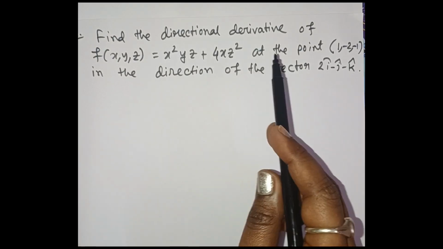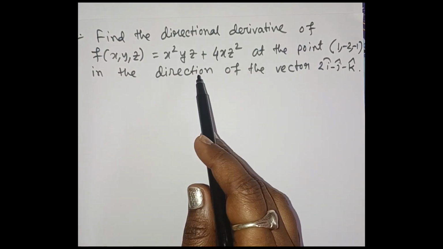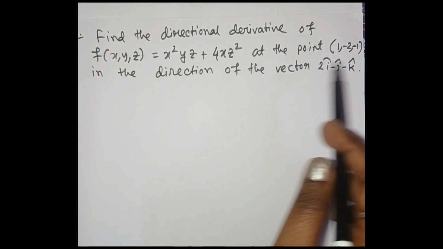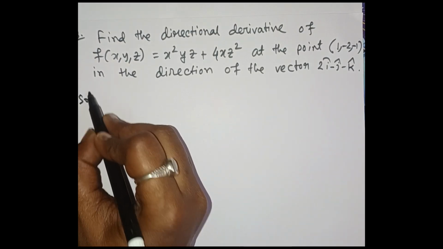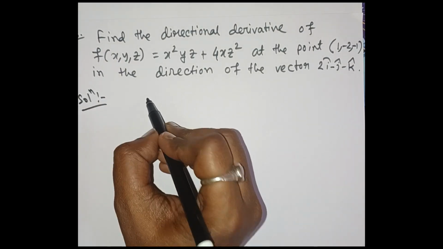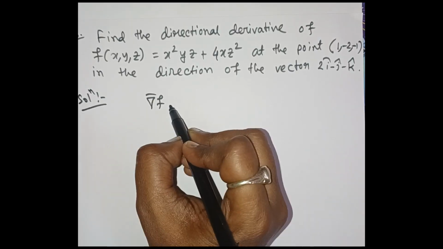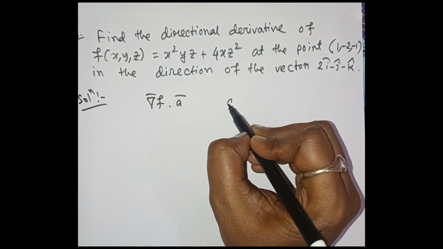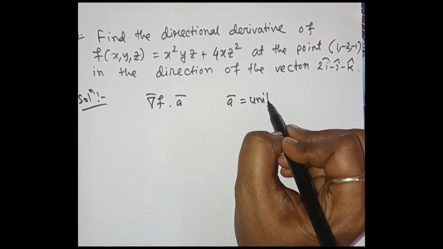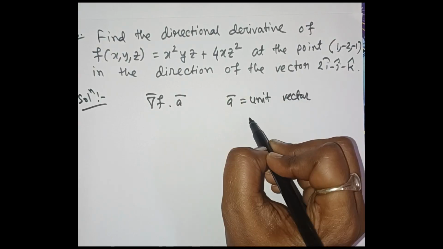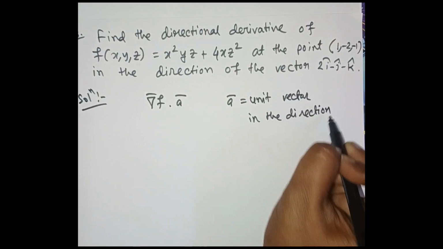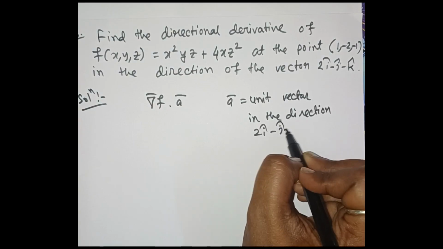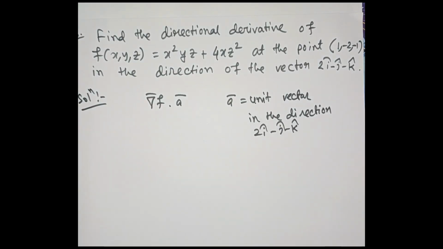Again, another question: find the directional derivative of the given function at the point (1, -2, -1) in the direction of this vector. You know that the directional derivative is grad f dot a vector, where a vector is the unit vector in the direction 2i minus j minus k.